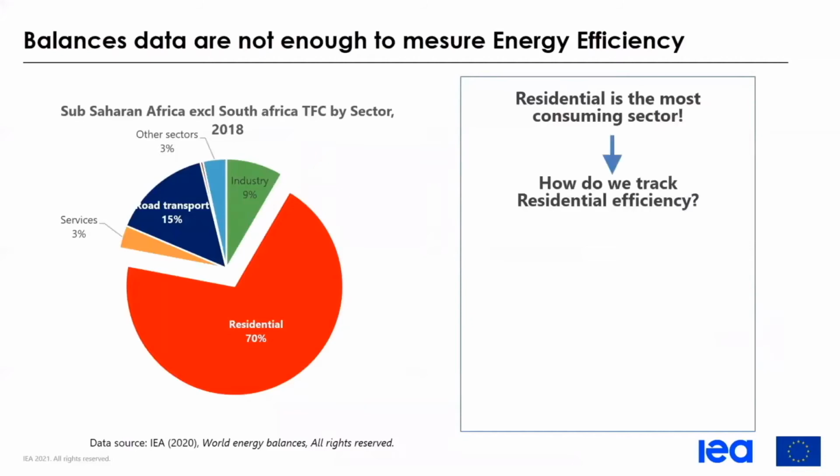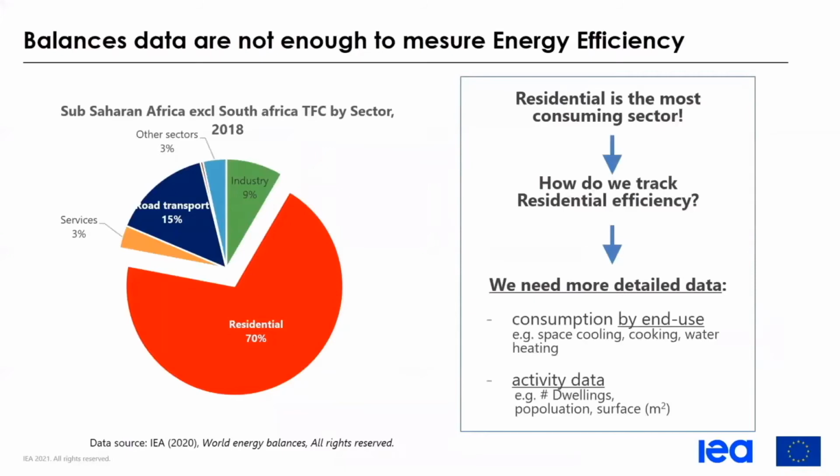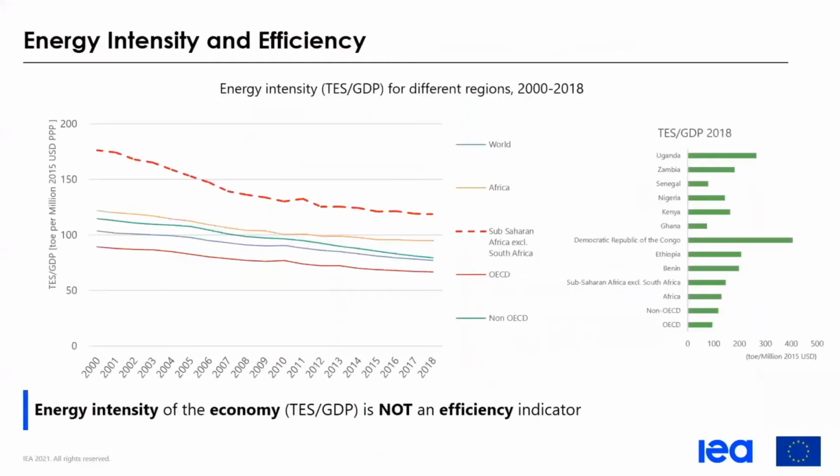However, we need more detailed data to better assess this, like for example, the consumption by end use, such as cooking, water heating, or space cooling, and the related activity data, like number of occupied dwellings or surface. Not having proper data could lead to wrong policy decisions and actions.